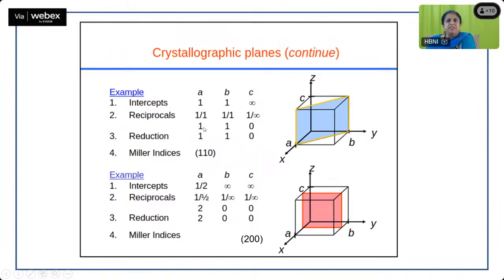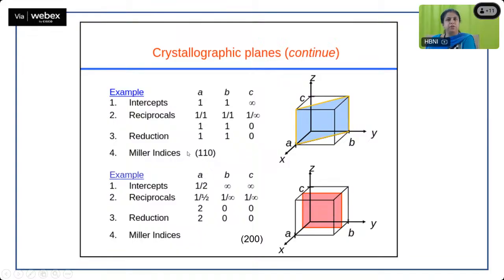Now, if you take the reciprocal of this, because the second step is you have to take the reciprocal. So 1 by 1, 1 by 1, 1 by infinity, which makes it 1, 1, 0. And reduction means sometimes you might get a fraction. In that case, you have to multiply that fraction, or if you have more than two fractions, take an LCM and multiply by that.